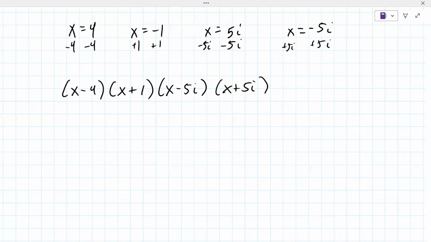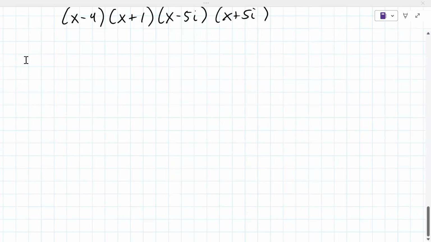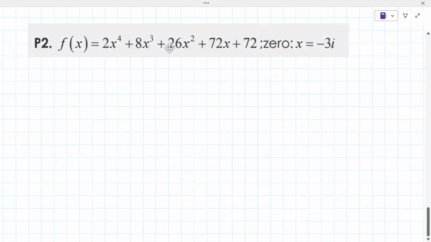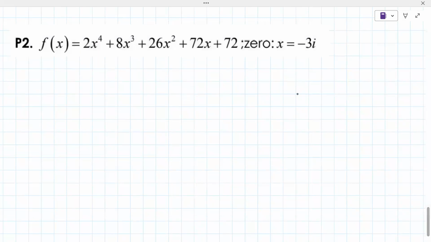So for P2, again, your teacher doesn't really ever give you two of the same examples, but they should. For P2, if one of the roots is 3i, -3i, the other one is positive 3i. The other thing is that you should always try factoring out the GCF first.